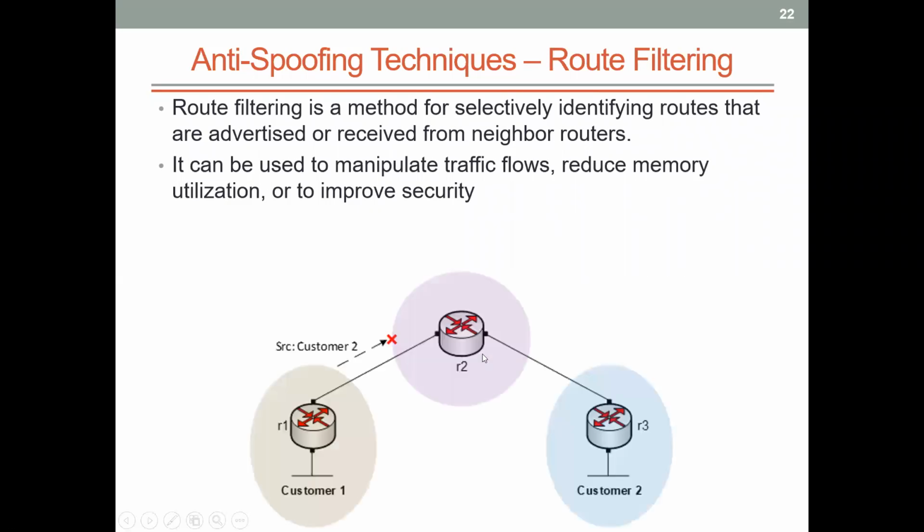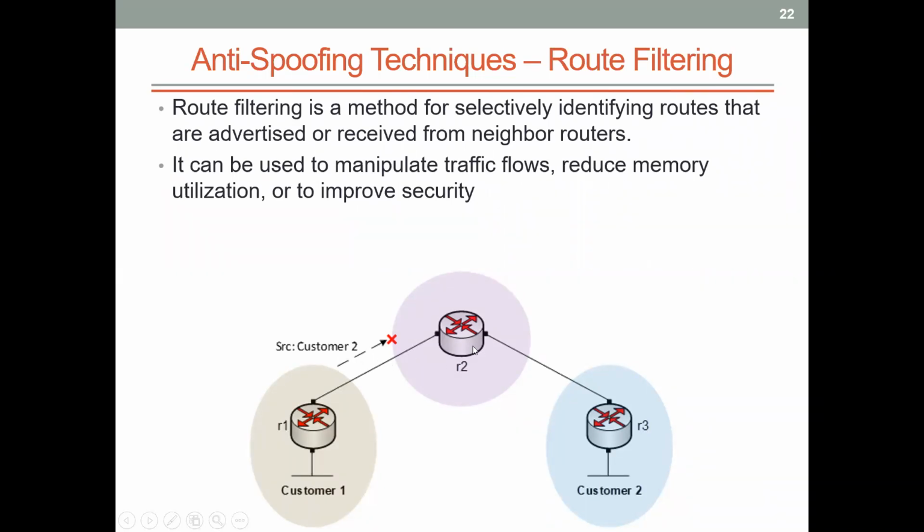This is a scenario where let's assume that router R2 is the internet service provider and it's connected to two customers. When customer 1 tries to spoof the IP address of customer 2, router R2 is configured with an IP prefix list so that it doesn't accept the spoofed packet.